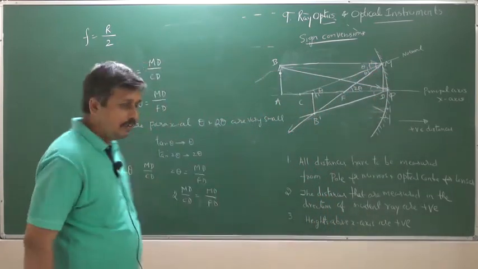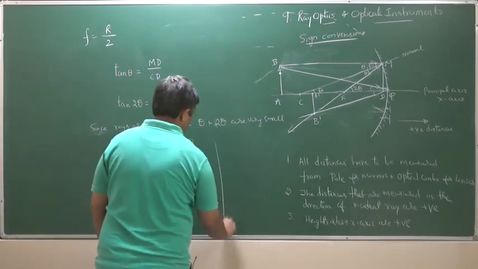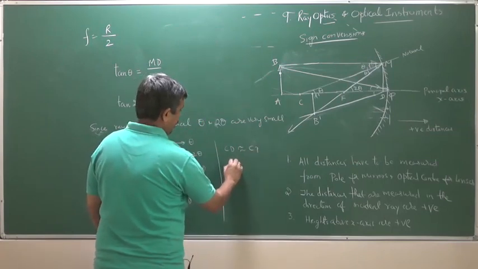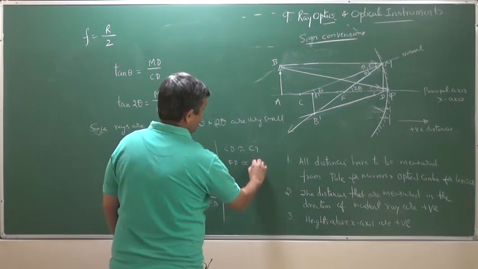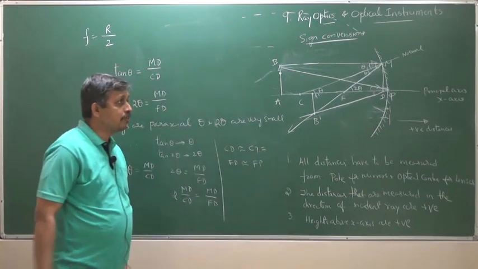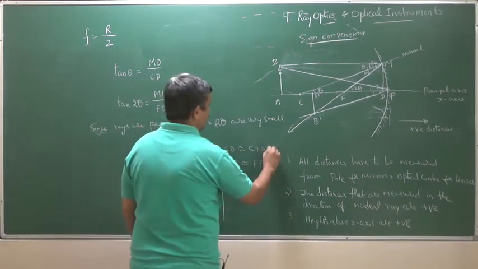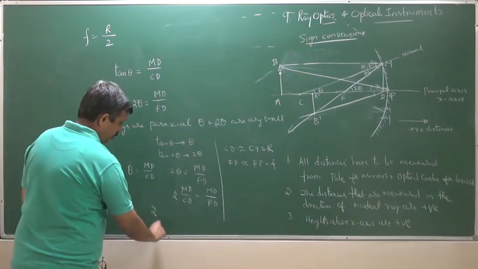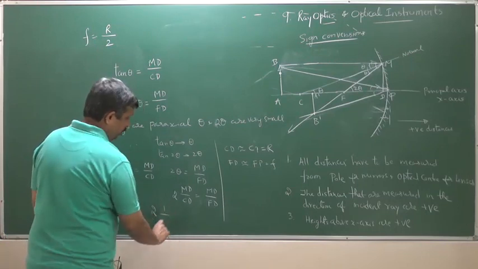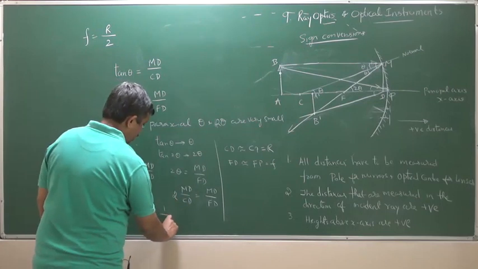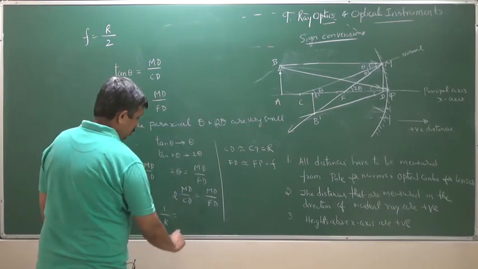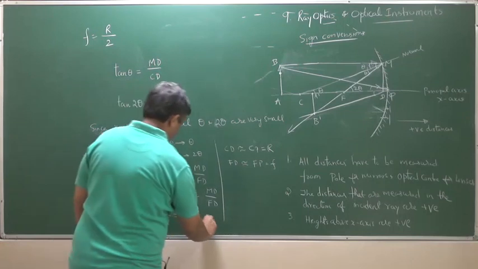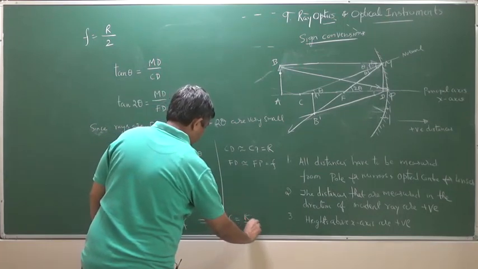So CD is approximately CP and FD is approximately FP. But CP is nothing but R and FP is nothing but F. So we can write 2 into 1 by R is equal to 1 by F, which means F is equal to R by 2.